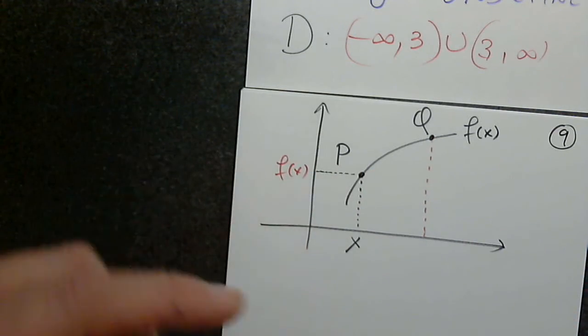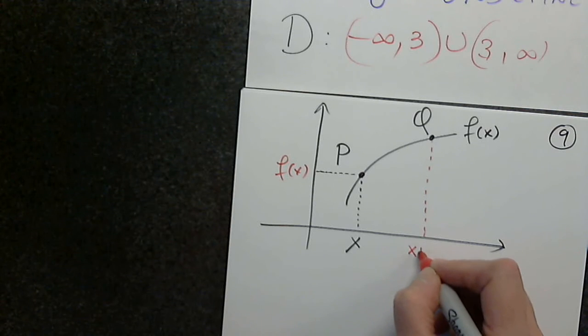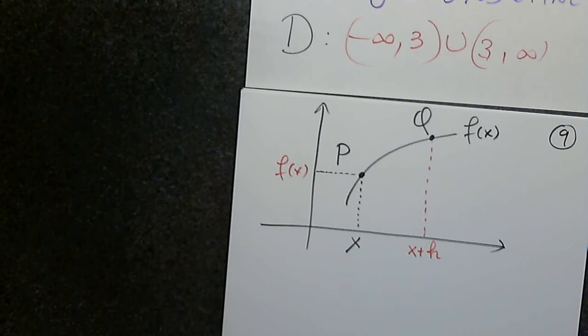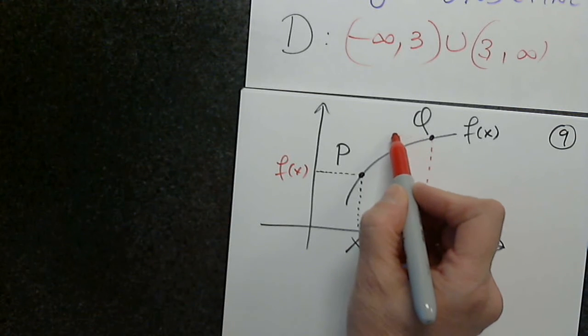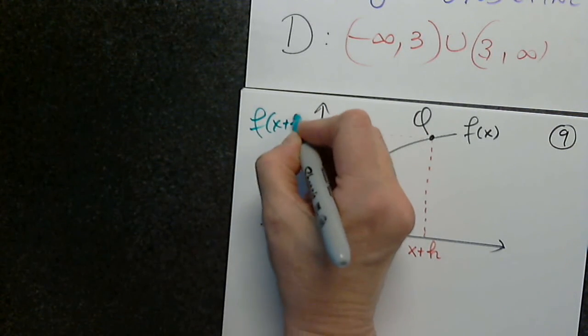But I know that to explain, I zoomed in. So therefore, x coordinate of Q is x plus a tiny bit. Maybe 0.1, maybe 0.3, maybe 0.7. We're going to call it h, lowercase h. Good. Can anyone give us now the y coordinate of Q? Thank you very much. Of course, f of x plus h.